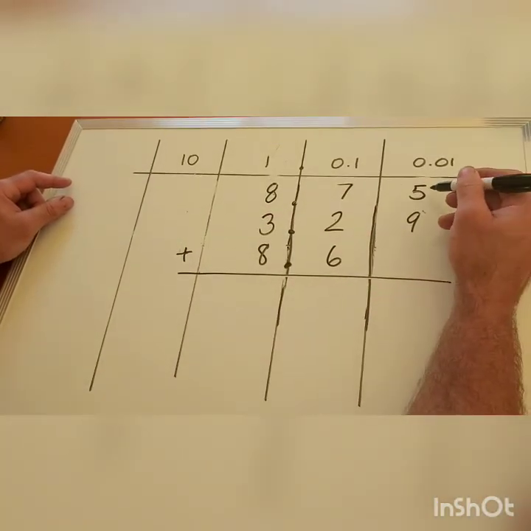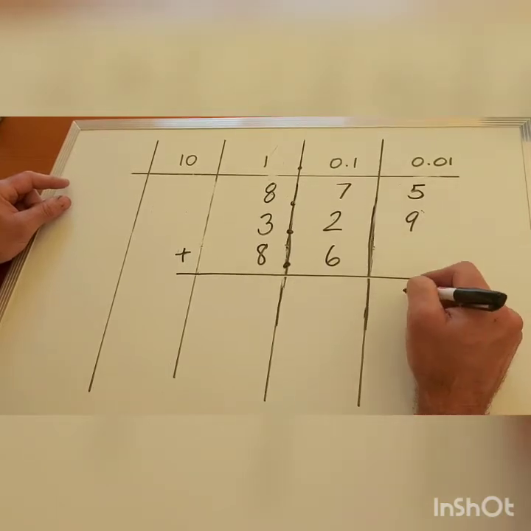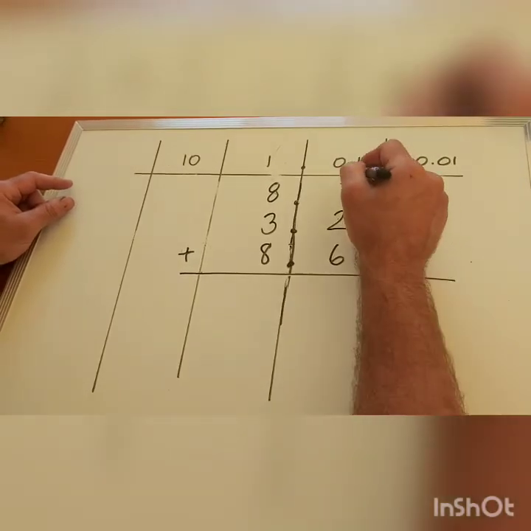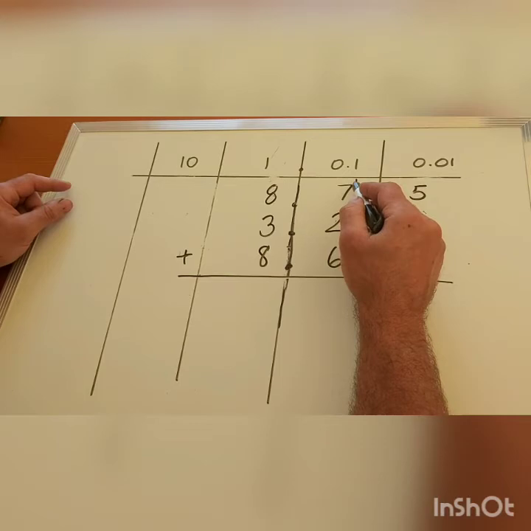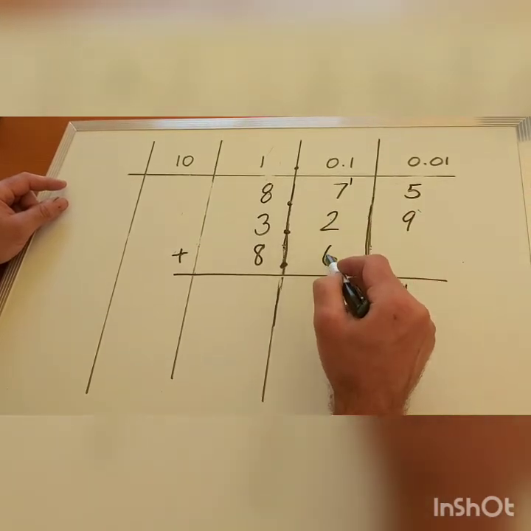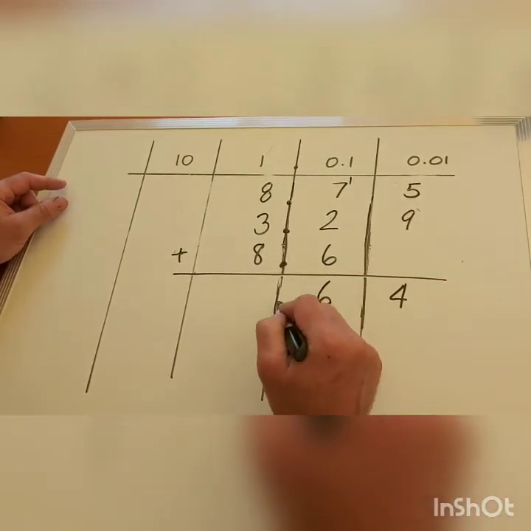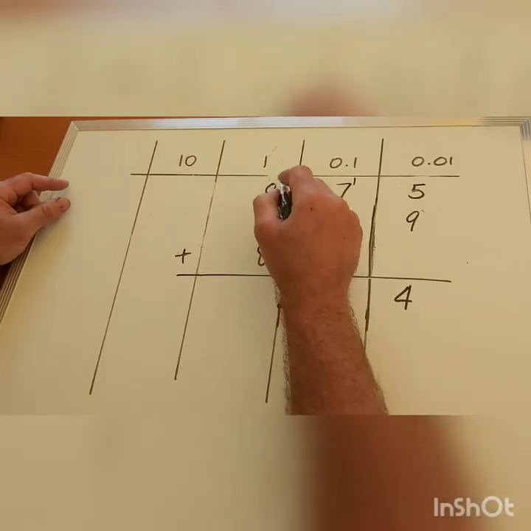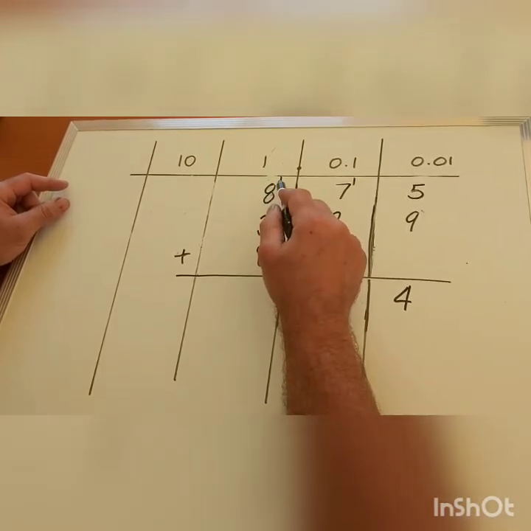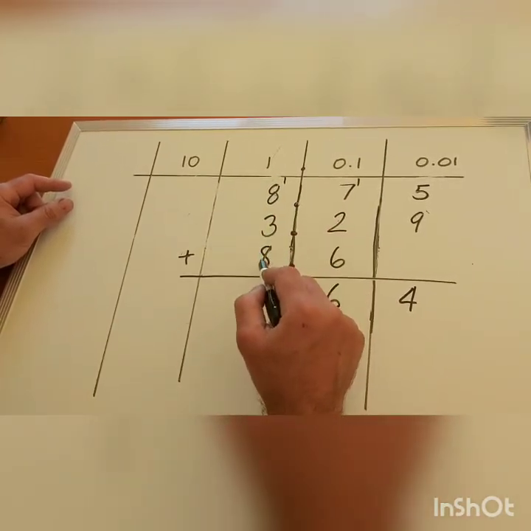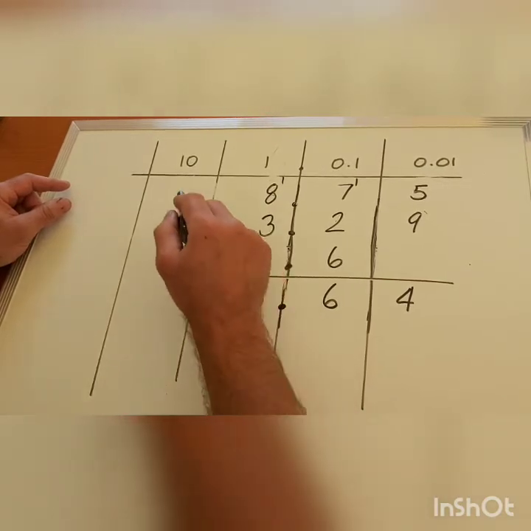Starting in my hundredths, 5 plus 9 is 14. I carry the 1. 7 plus 1 is 8, plus 2 is 10. 6 more gives me 16. Decimal point, carry the 1. 8 plus 1 is 9, plus 3 is 12, plus 8 yields me 20.